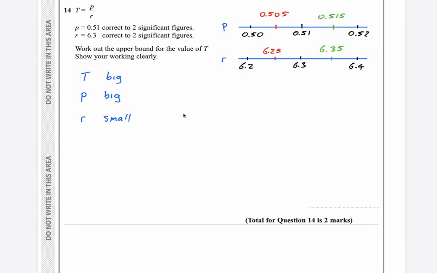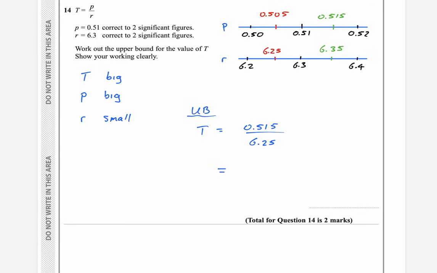So therefore, upper bound for T is equal to the big P, which is 0.515, over the small R, which is 6.25. That's the upper bound for P over the lower bound for R.